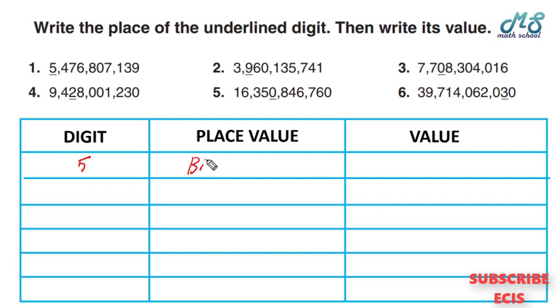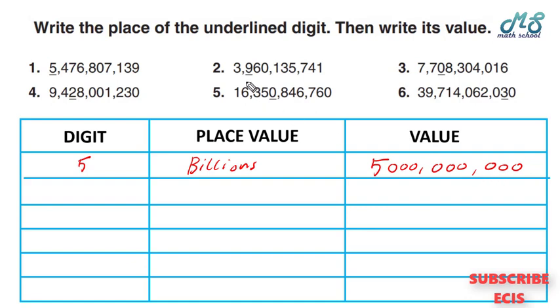So just write billions. What about its value? Its value is equal to 5 billion. You can write 5 and change all digits to its right to be zeros, as we studied before. Just write 5 and write 3 groups of zeros: the first group 1, 2, 3, second group 1, 2, 3, third group 1, 2, 3. So we have 9 zeros.